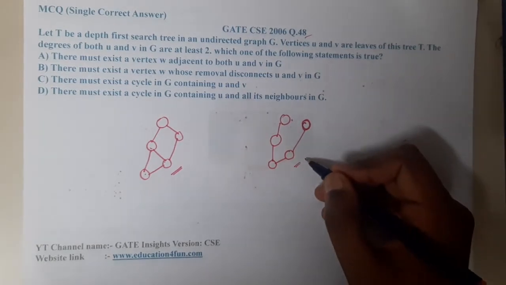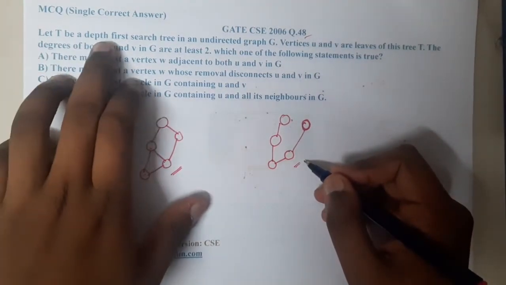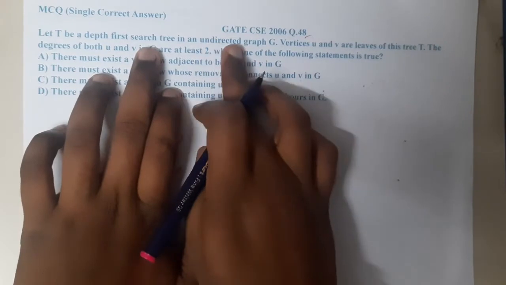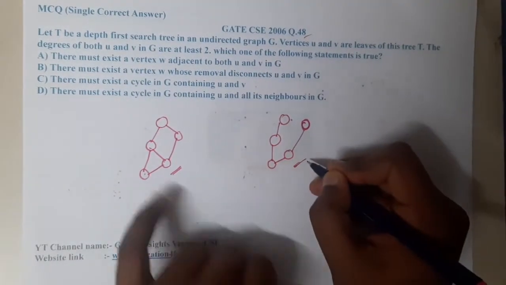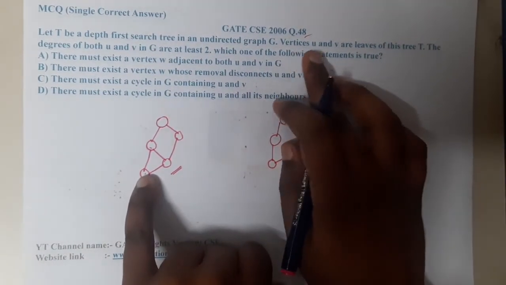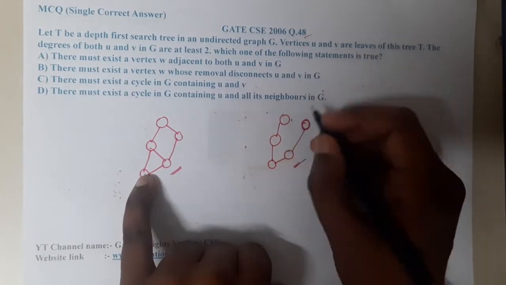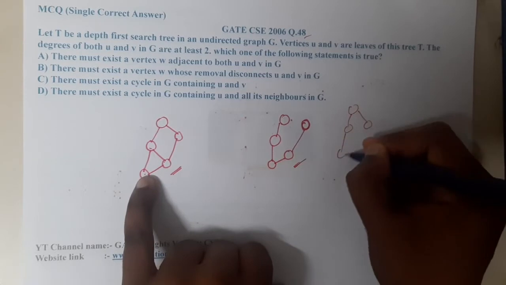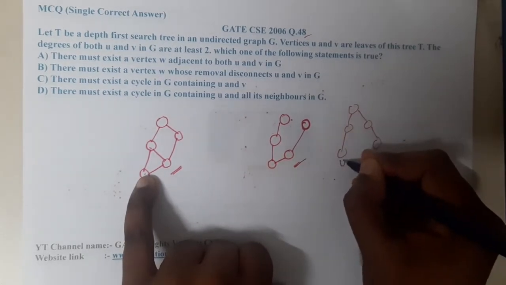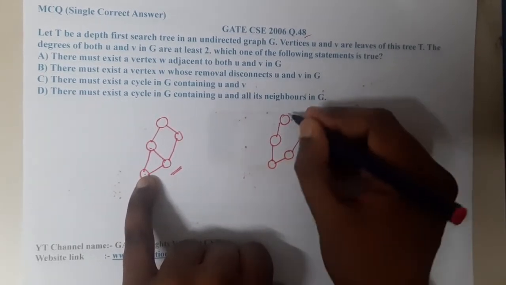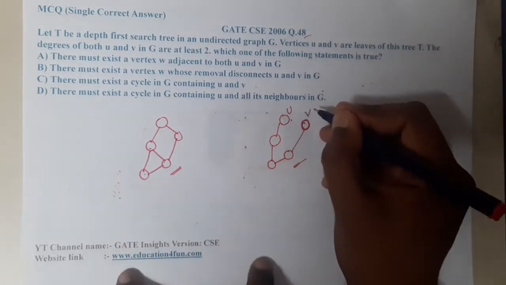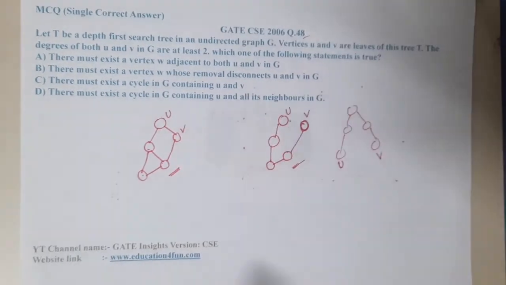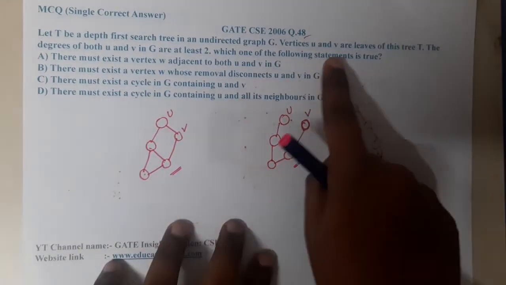What it is saying is: let T be the depth first search tree in an undirected graph. We did the depth first search, and it is an undirected graph. Vertices u and v are the leaf nodes. Let us reverse this, and if you reverse it, it will look in this way. Let us assume this as u and this as v.